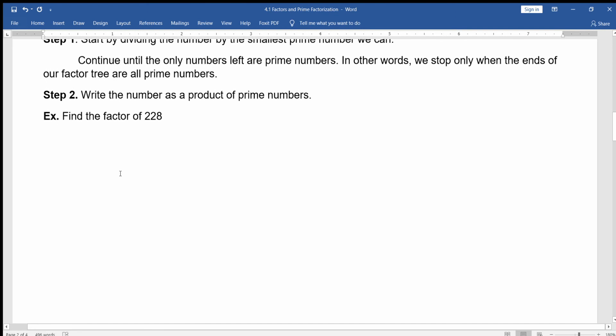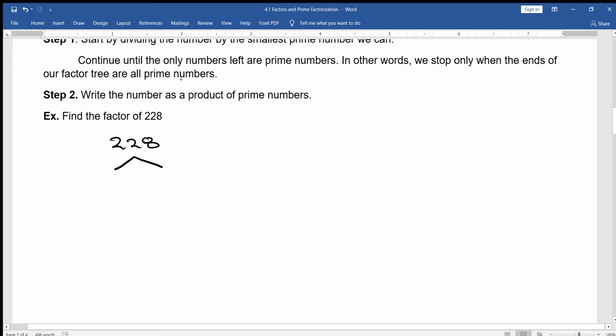So the first example is 228. We're going to write 228 and factor tree that.